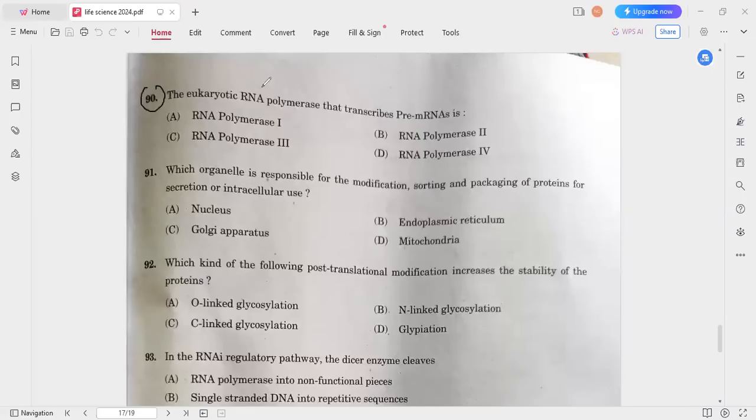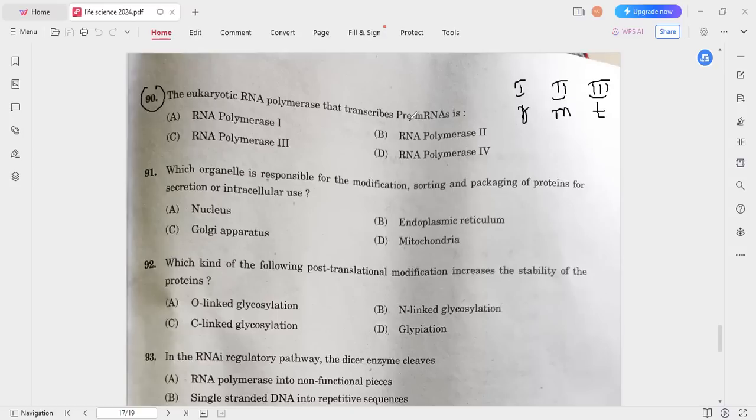The eukaryotic RNA polymerase that transcribes pre-mRNAs is. So here, RNA polymerases transcribe three different RNAs: rRNA, mRNA, and tRNA. Just remember RMT: RNA polymerase 1, RNA polymerase 2, RNA polymerase 3.